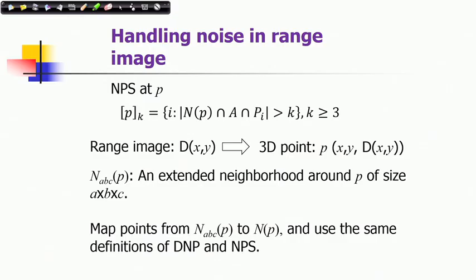So, a particular variable would be true in the 3 cross 3 cross 3 neighborhood if one of the points in that set which has been mapped to it is true. So, that is how we can make a simple adaptation of this concept of DNP in this case, and then all the definitions of digital neighborhood plane and neighborhood plane set remain the same. Only this mapping will take care of those tolerances, giving tolerances to those deviated points or to those noisy points.